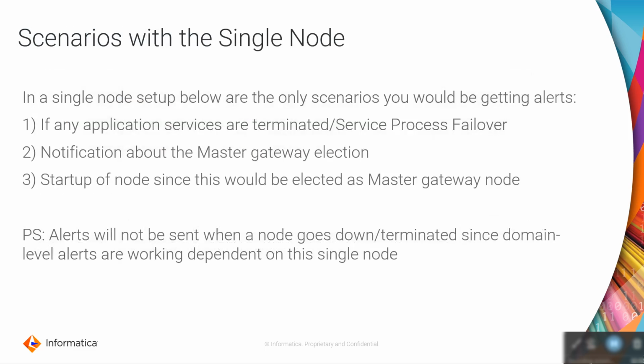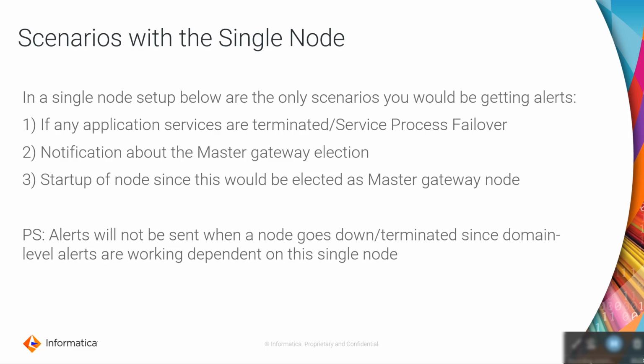Now, coming back to the alerts, we will be dividing it into two sections: the domain with a single node and the domain with multiple nodes. In a single node setup, in these three scenarios you will be receiving the alerts. The first one is if your application services are terminated or a failover happens, meaning your particular application service has moved its process from node 1.